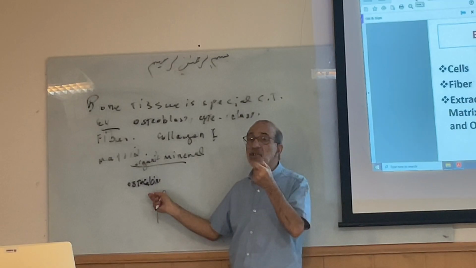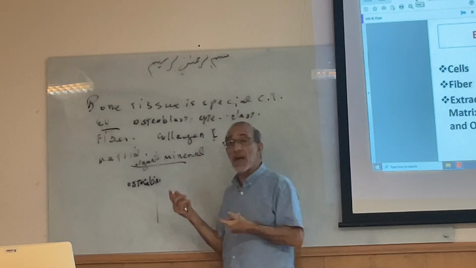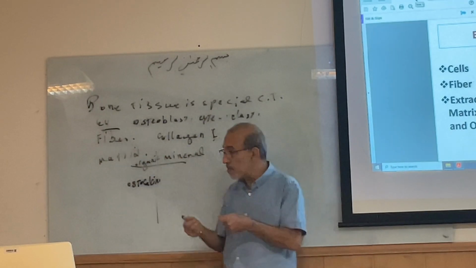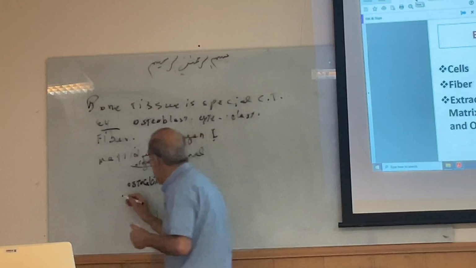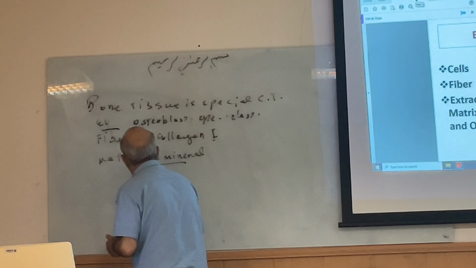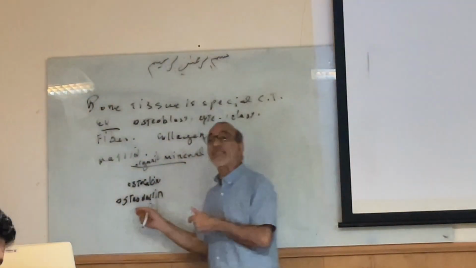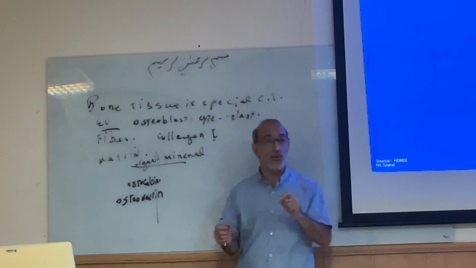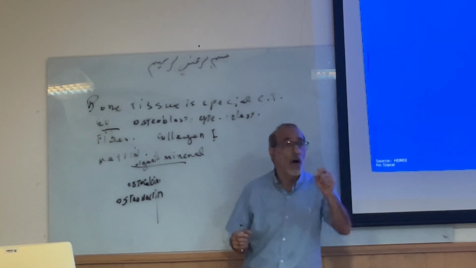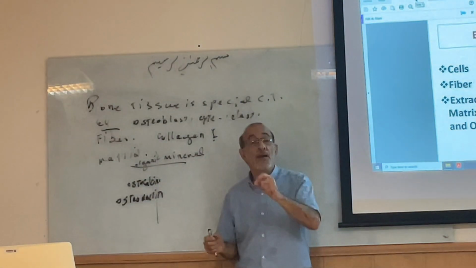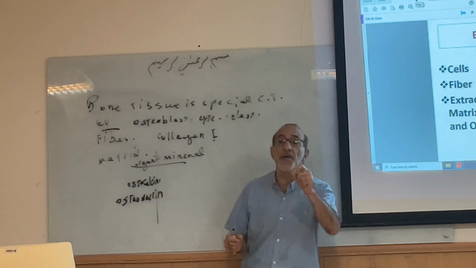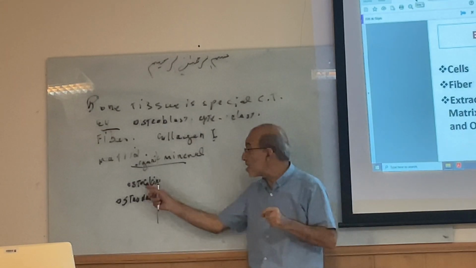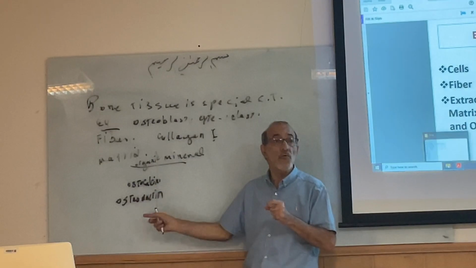What is the function of osteocalcin? It is joined to calcium ions. Osteonectin is a protein secreted by osteoblasts, and this protein is joined to fiber.